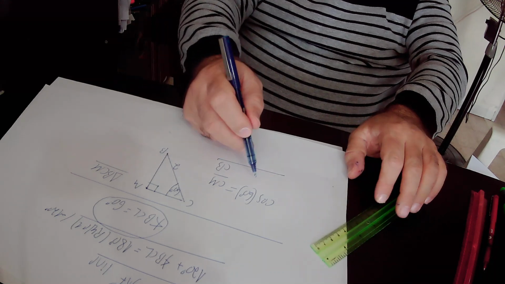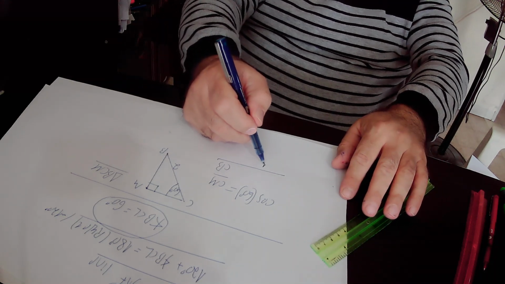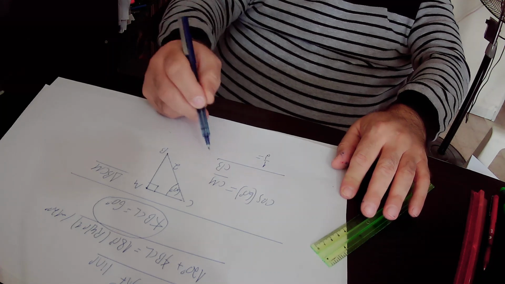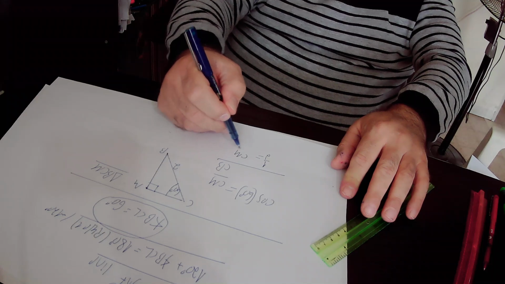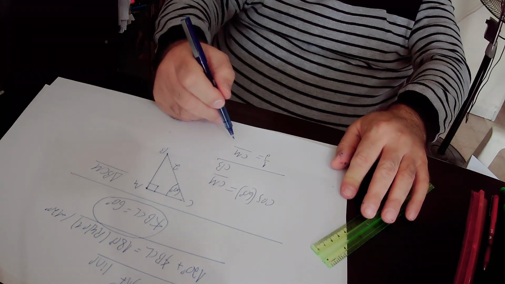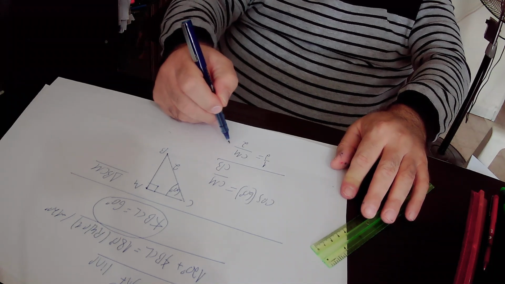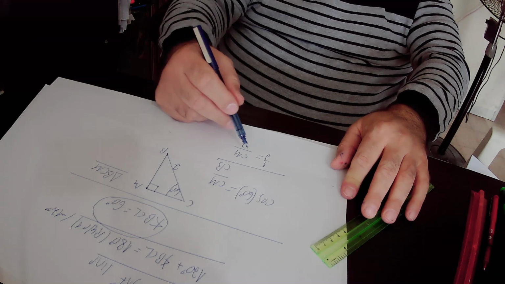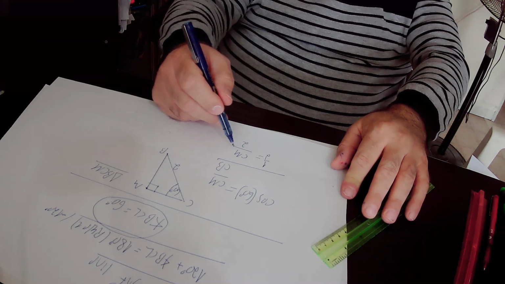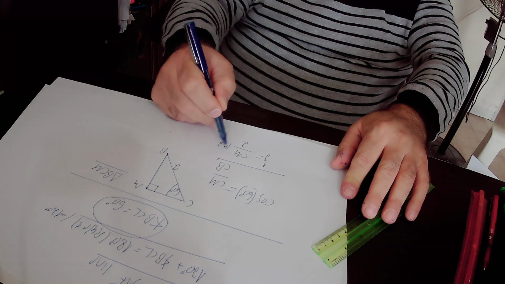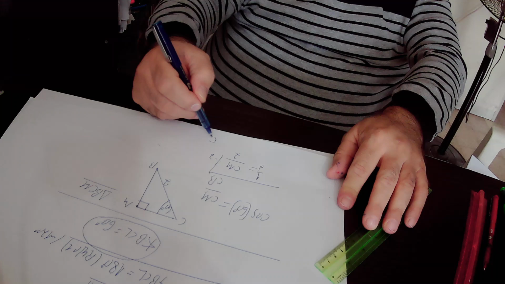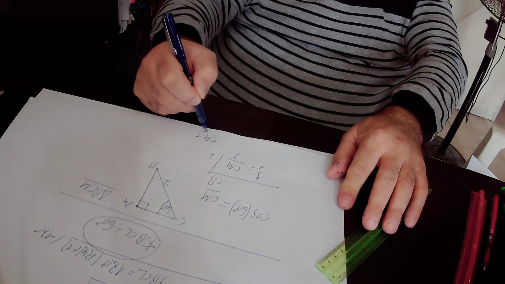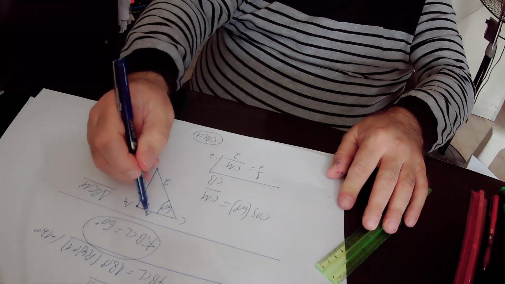Cosine 60 degrees is 1/2, so we substitute cosine 60 degrees by 1/2, and it is equal to CM, the missing segment, so we leave it as it is, over CB. CB equals 2, so we substitute CB by 2. In conclusion, we found that 1/2 equals CM over 2. Here we'll multiply this equation by 2, and we get that CM equals 1 unit.